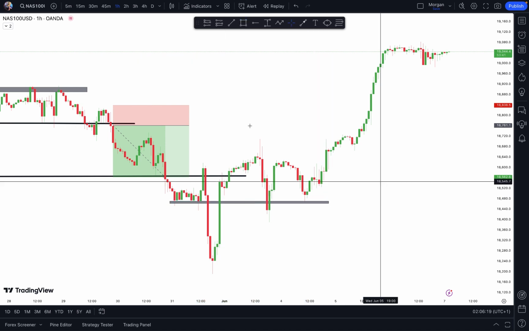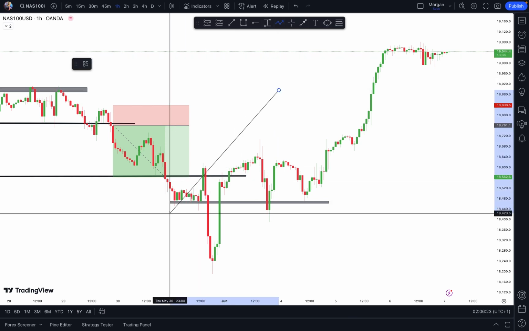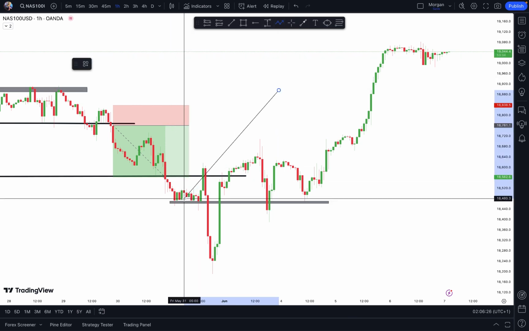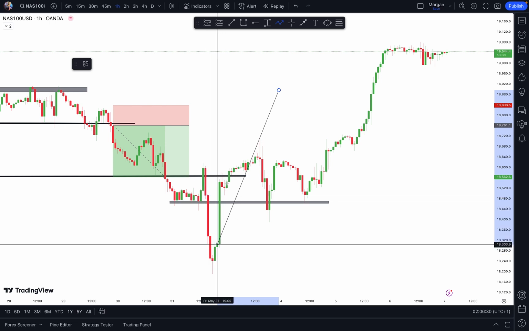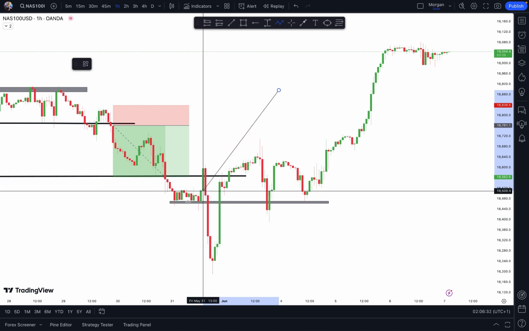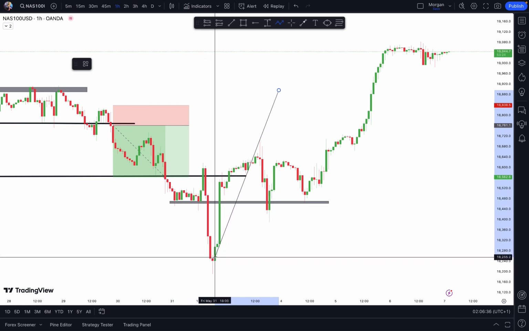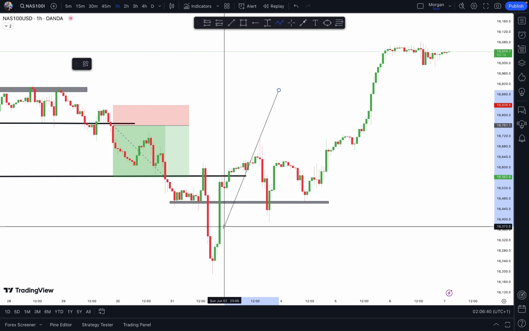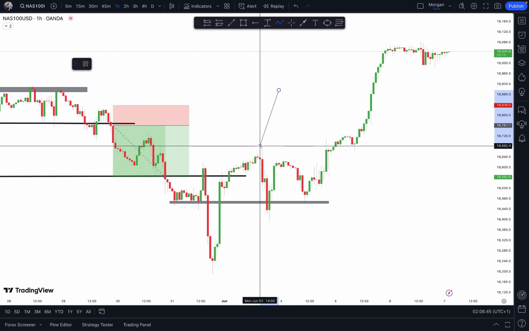After price made a new indication under this level, I knew that all I'm waiting for is a correction, because this is a new level. This is an indication of price telling us that it wants to go lower, and all I was waiting for was a correction.